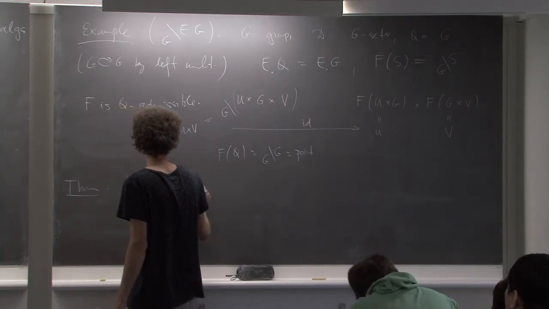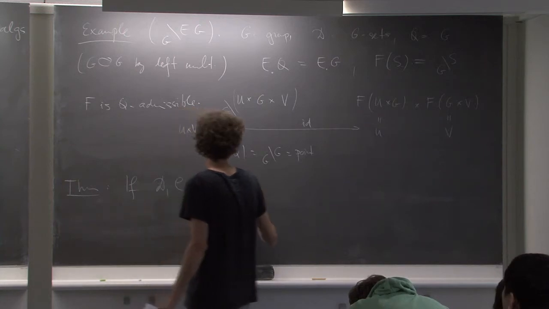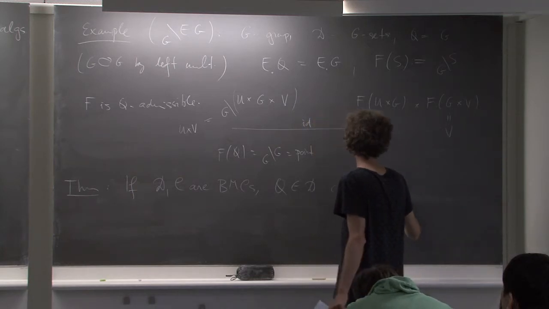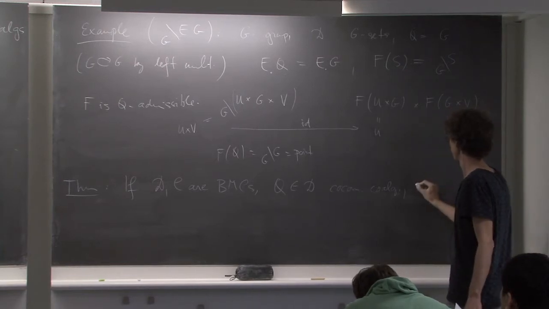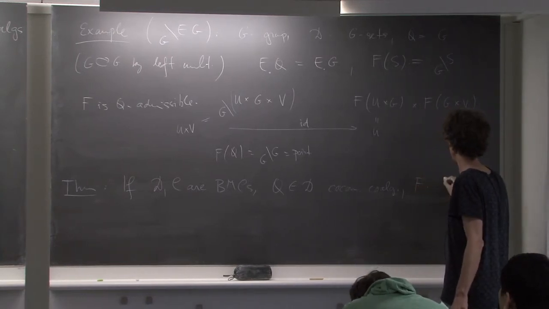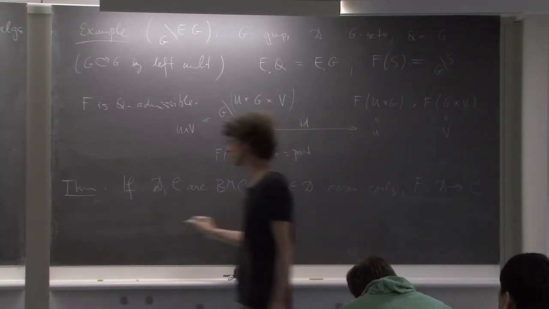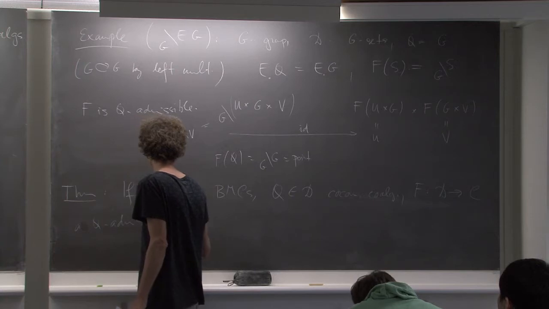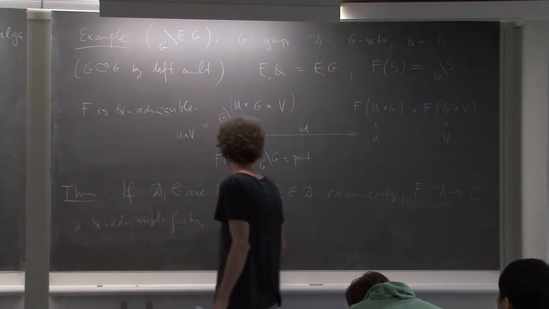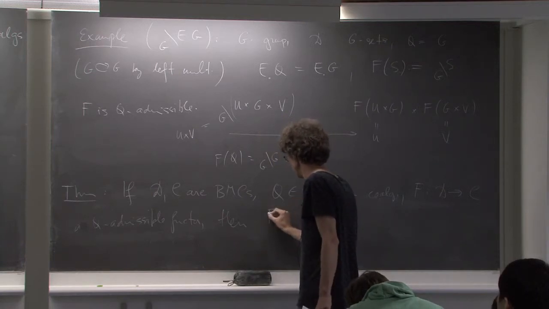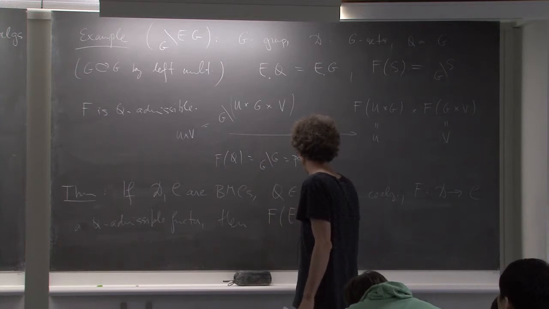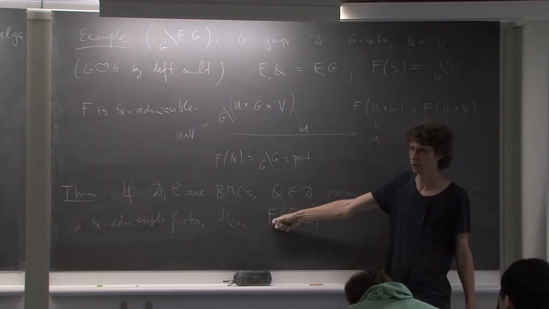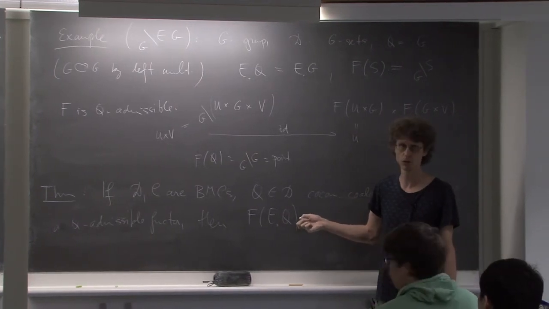If D and C are DMCs, Q is a cocommutative coalgebra in D, and F from D to C is a Q admissible functor, then when we take F of the guy E Q, see, F is comonoidal, so it sends coalgebras to coalgebras, no problem.